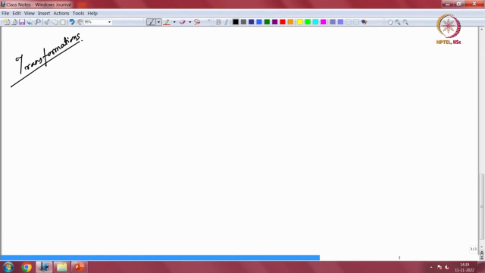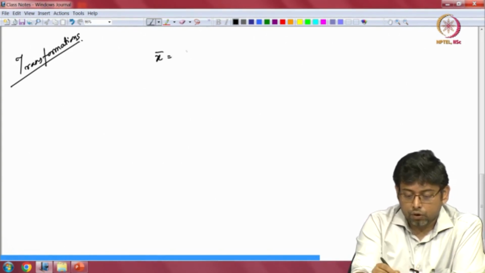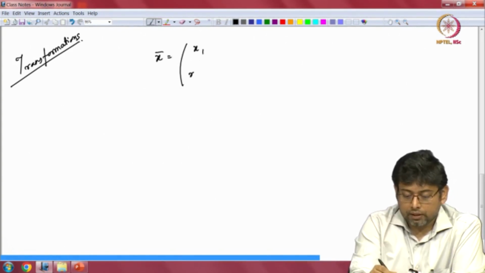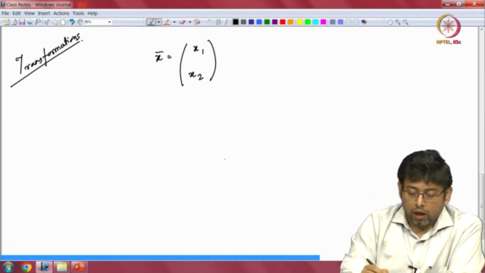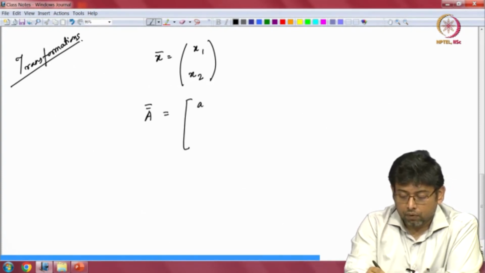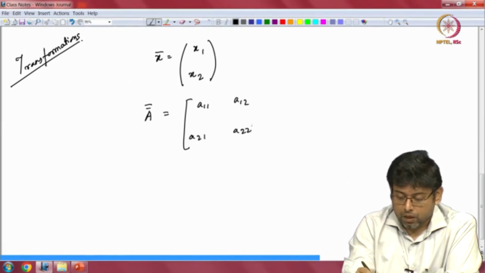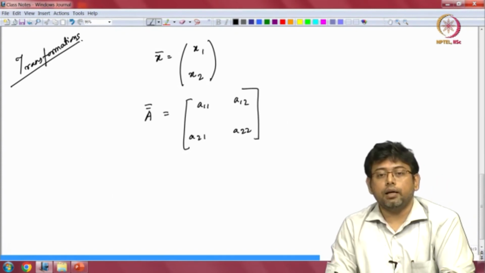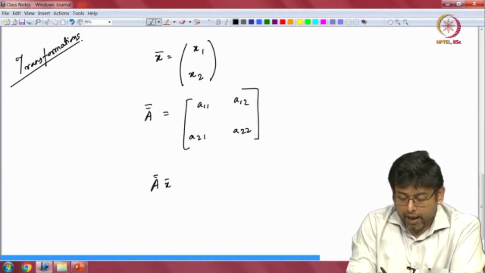Now in our case, the most common type of transformation we are going to see are going to be matrices. So let's say you have x as a two-dimensional column vector. Let's say it constitutes the two numbers x1 and x2. Then a transformation of this type, where I have this, can now become a linear transformation. And you can quickly check that because you can now have this operating on x.